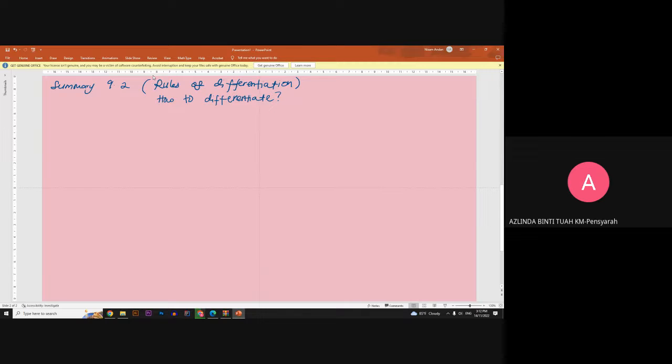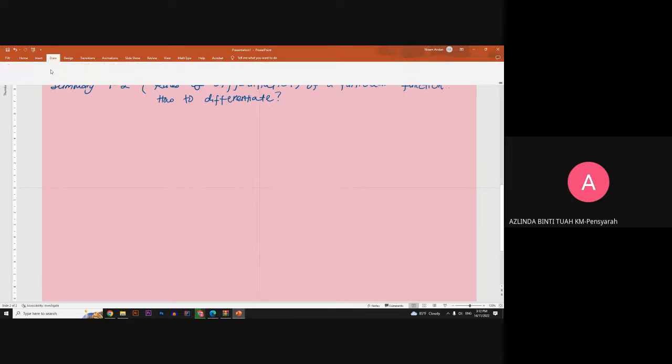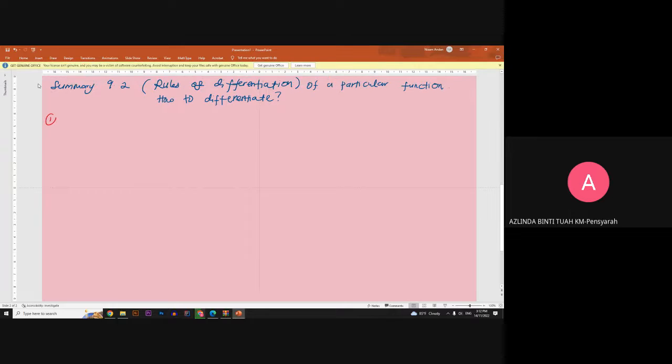Okay, dia akan ajar kita dan bagi tahu rules of differentiation of a particular function. Okay, maksudnya kita akan fokus satu persatu. Constant, how many functions we learn in chapter 5? 11 functions, right? So saya akan pergi satu persatu rules dia. It's not rule lah, dia punya function dulu.